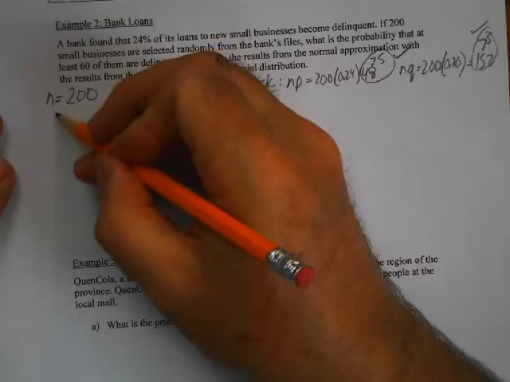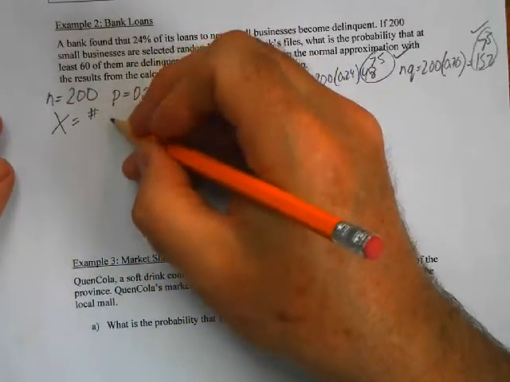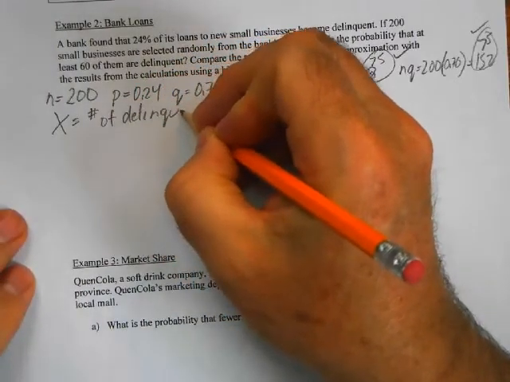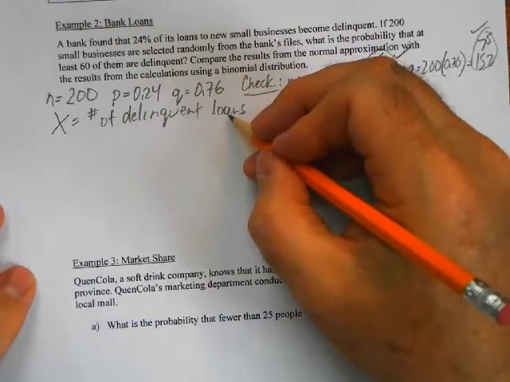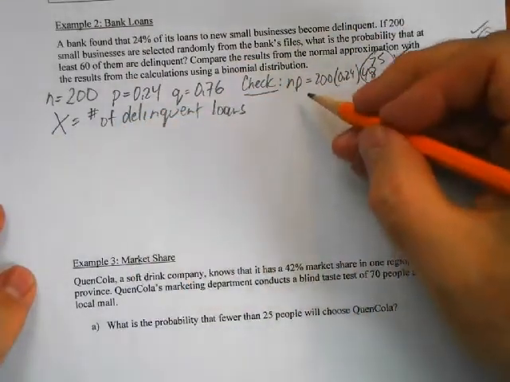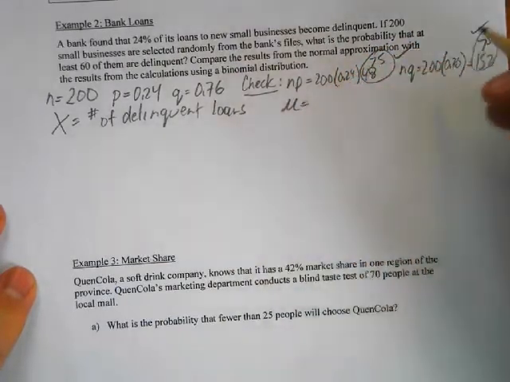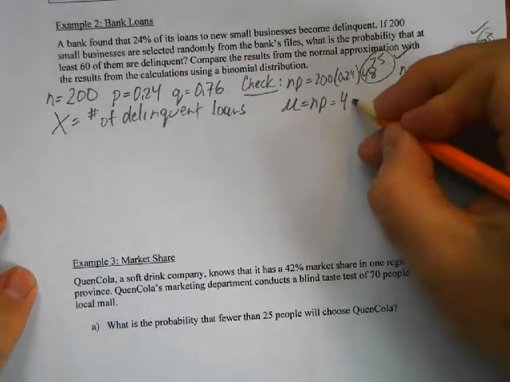So I have to set up a random variable like we always do. X will be the number of delinquent loans. Okay, and let's figure out our mean and our standard deviation. NP, which we already calculated, is 48.